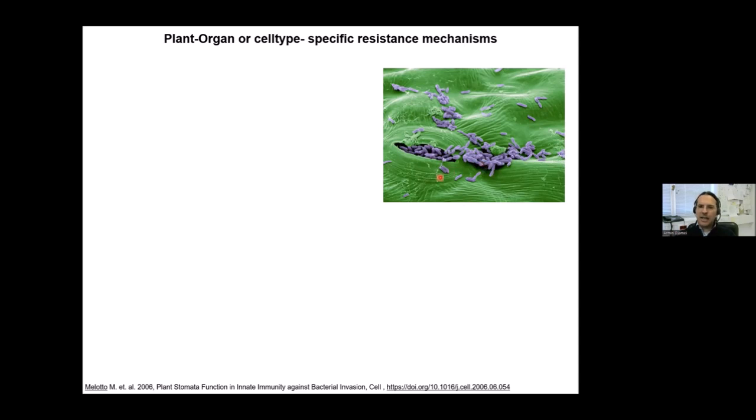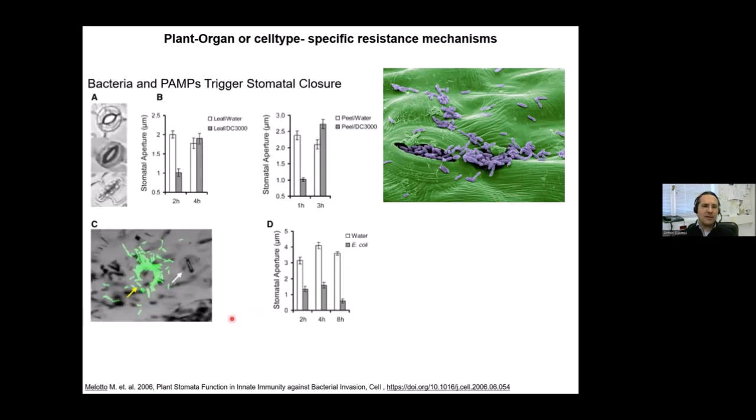So these cells have a very unique and specific defense system, which is different from the neighboring cells in terms of the outcome. This graph shows either a leaf in white treated with water or a leaf treated with bacteria, which are Pseudomonas in this case, infecting plants.